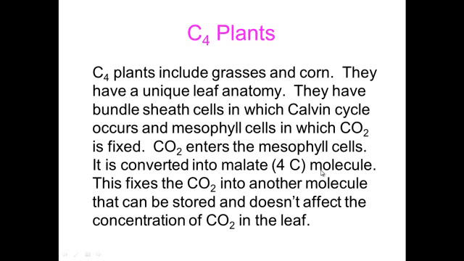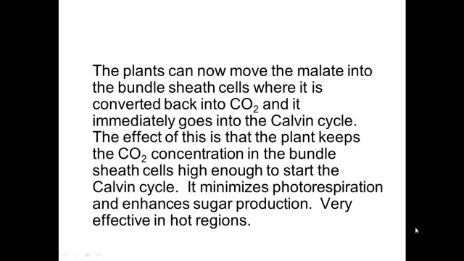Other plants don't do that. They only bring in carbon dioxide that they need. As a result, C4 plants bring in more carbon dioxide and make more sugar than other plants do. So they're actually more efficient. They're more advanced plants. Okay, once that malate is in the mesophyll cell, it's then moved into the bundle sheath cell.